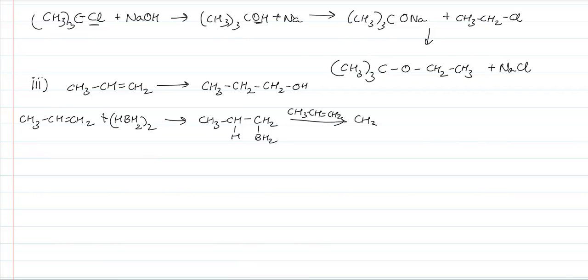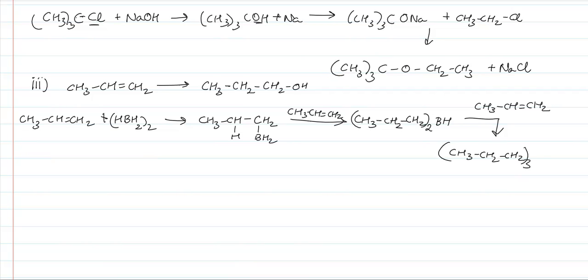And basically, you have the hydrogens of the boron being replaced by the alkyl group. So I'm supposed to write CH2, sorry, twice BH. Then you have another molecule of propene. So CH3, CH, CH2. And this gives us CH3, CH2, CH2 taken thrice B.